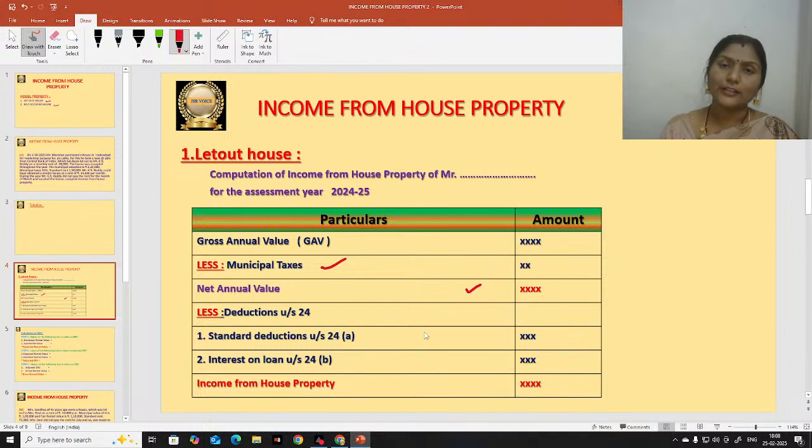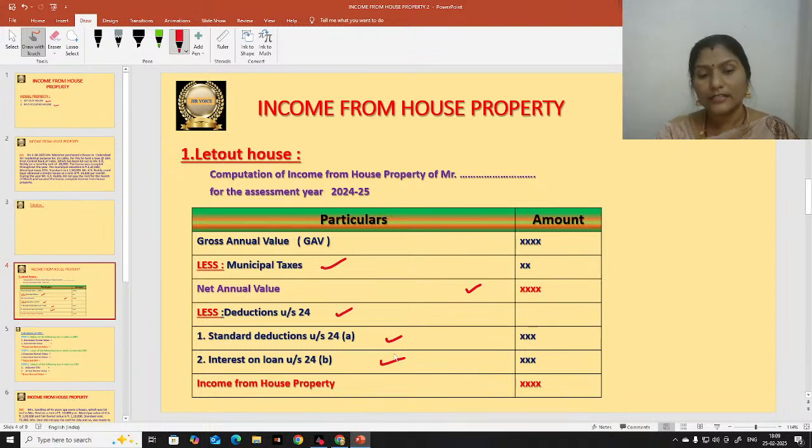As per the Indian Income Tax Act, there are 2 deductions. One is standard deduction under section 24 subsection A, and the second one is interest on loan under section 24 subsection B.